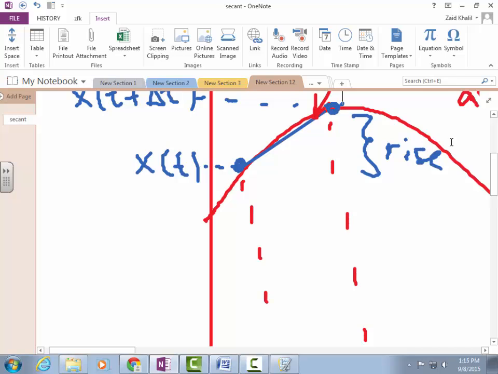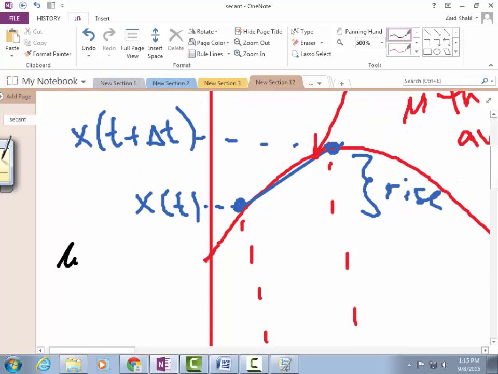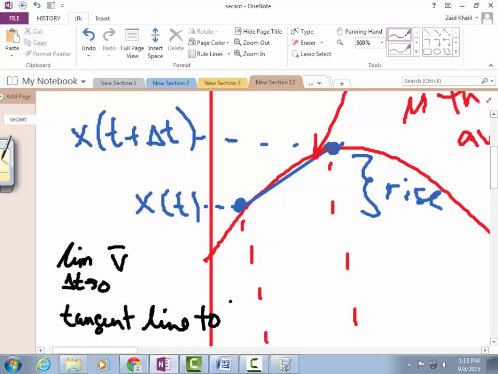So if I'm going to define instantaneous velocity graphically, it would be the limit as delta t goes to 0 of the average velocity. Or in graphical terms, it is the tangent line to the graph.